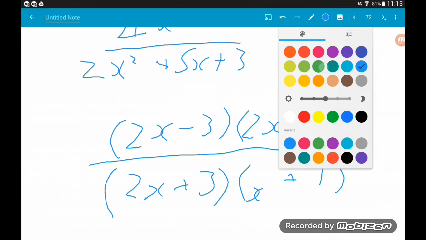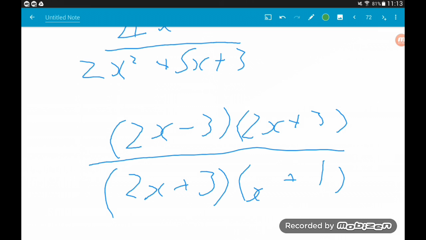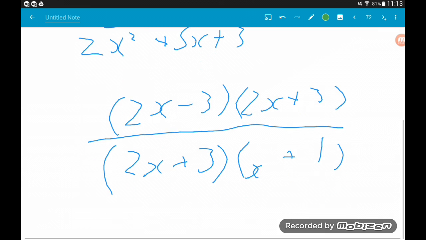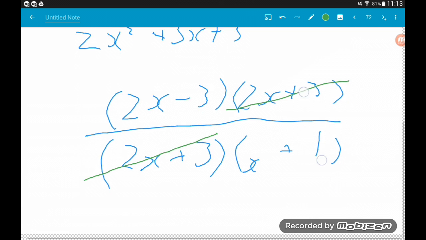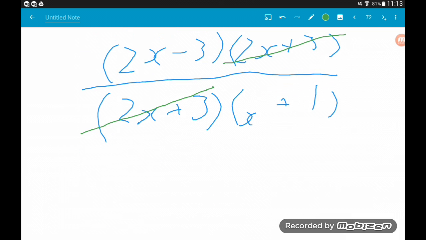Now that we're in factorised form, we can check to see whether we have a common factor or not. We do: 2x + 3. Ideal. So if we divide those away, we are left with (2x minus 3) over (x + 1), which cannot be simplified anymore.